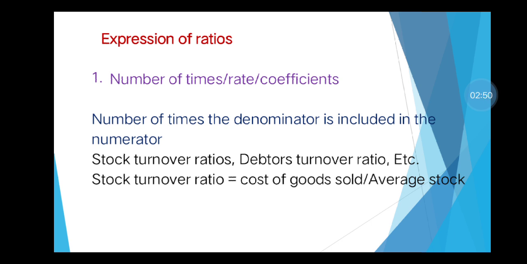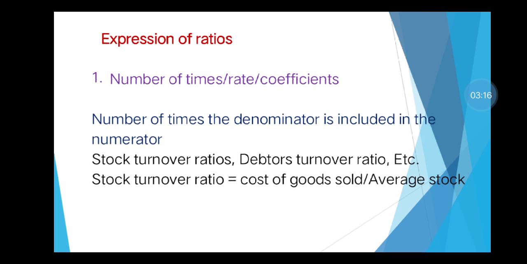The equation for computing stock turnover ratio is cost of goods sold divided by average stock. For example, if the result is 6, we write 6 times. What is the meaning of that 6 times? 6 times the average stock is converted into cost of goods sold.